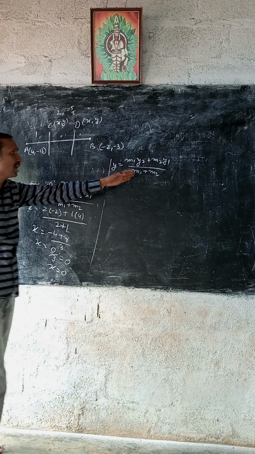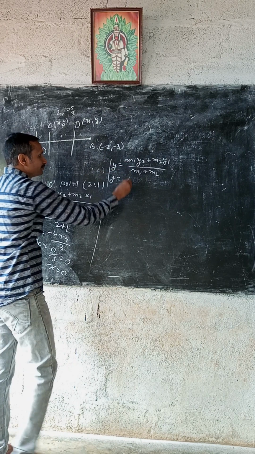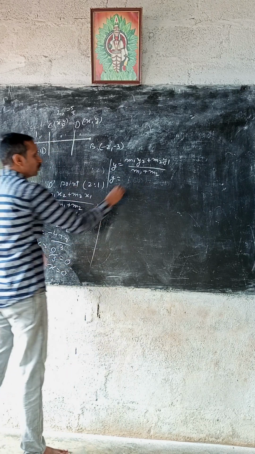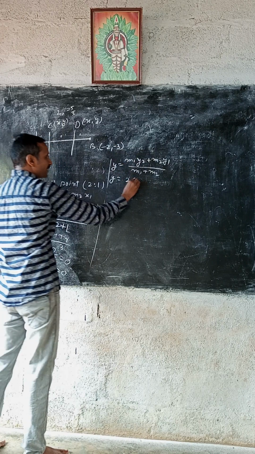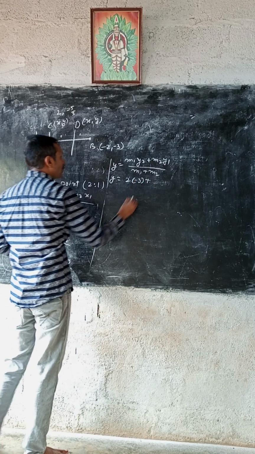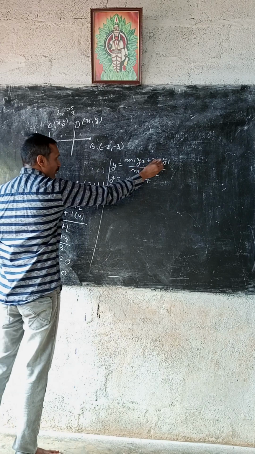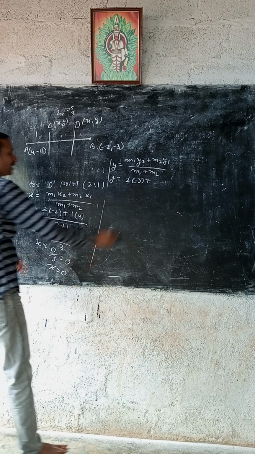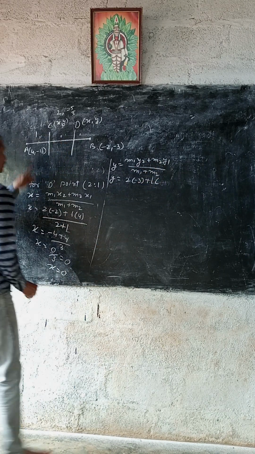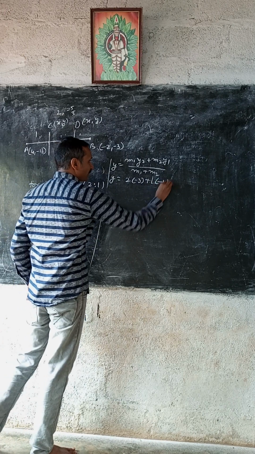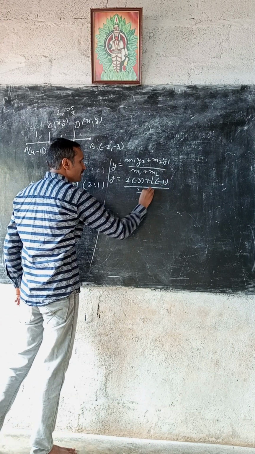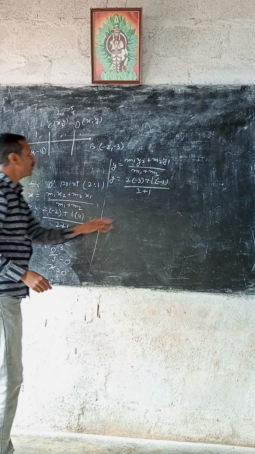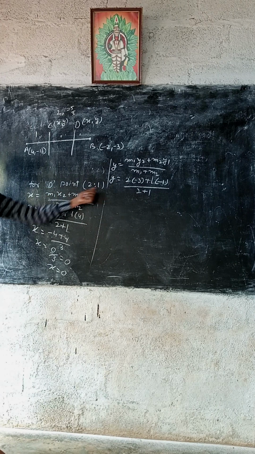Now we are going to find the y value. So m1 is equal to 2 into y2 value, minus 3, plus m2 is equal to 1 and y1 value is minus 1, divided by 2 plus 1, because the m1 to m2 value is 2:1.